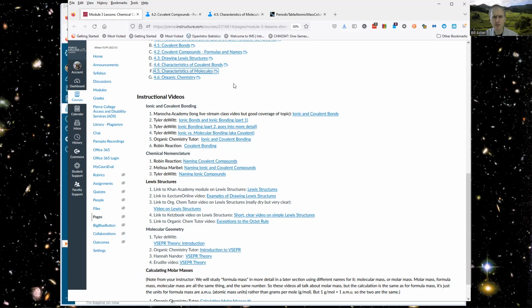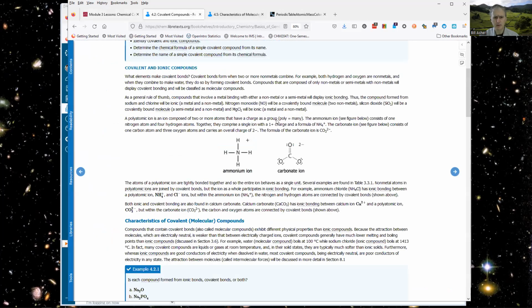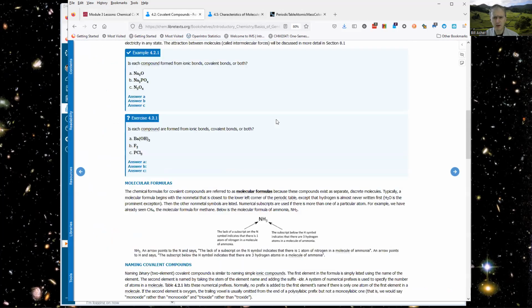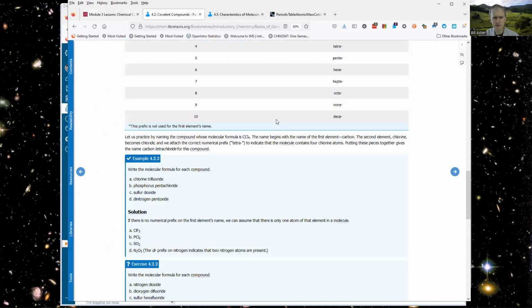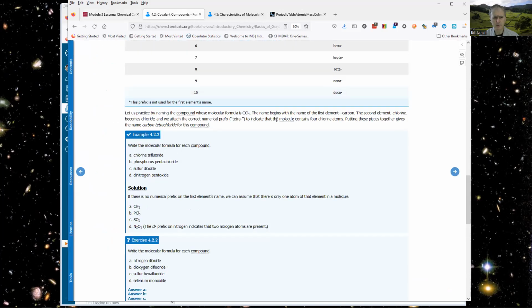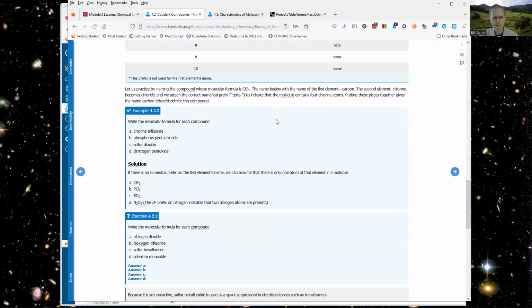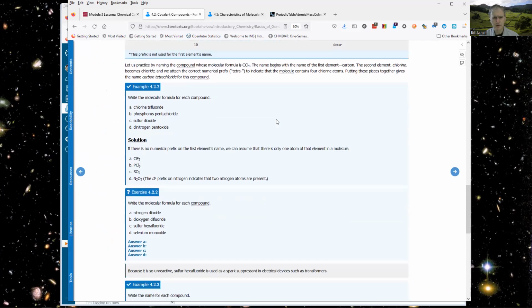But we'll go through a couple of them here, and then hopefully we can figure out some Lewis structures. So let's look at sulfur dioxide.